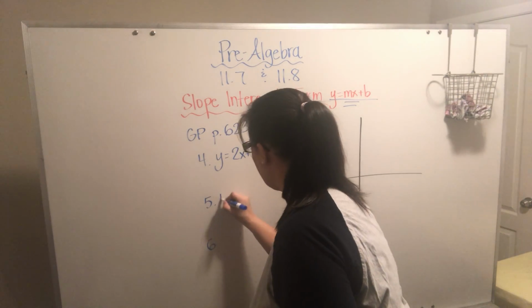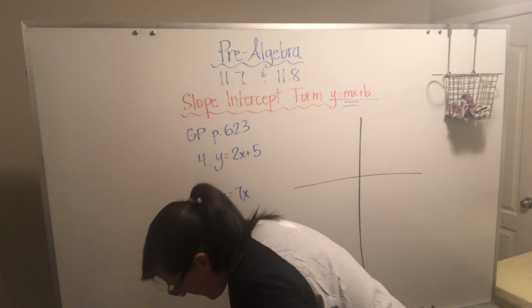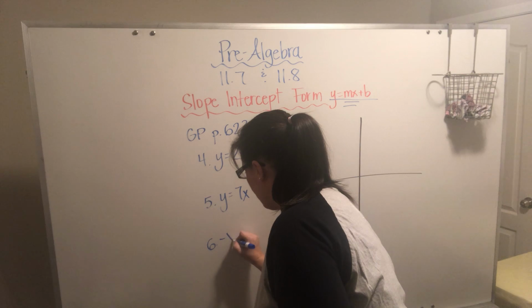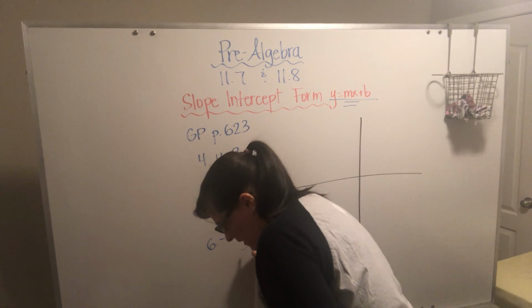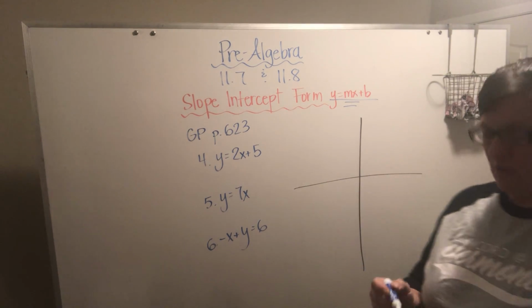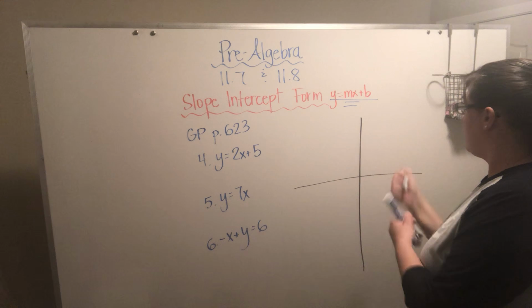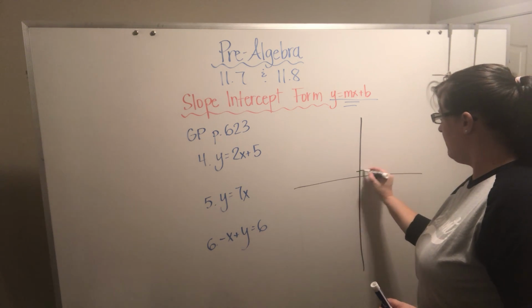Y equals 7x. Negative x plus y equals 6. Okay, great. Now we have our coordinate plane over here.